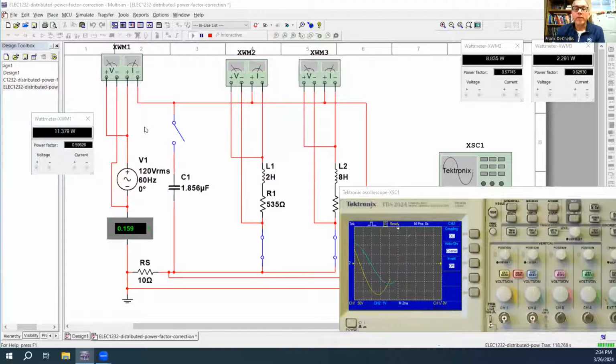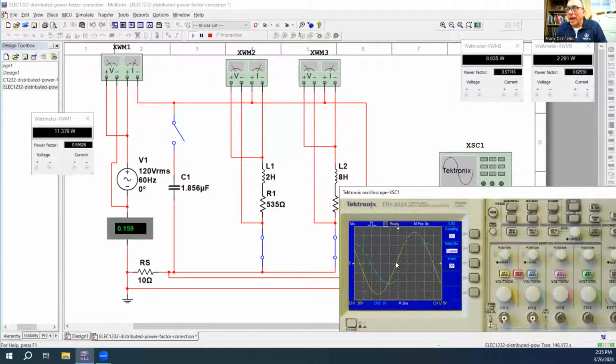So for this particular system, we have one central power factor correcting capacitor, 1.856 microfarads, that was designed to correct the system to 0.9 lagging. If we look at our scope, I put a sense resistor for IT so we could see that channel 2 represents current.